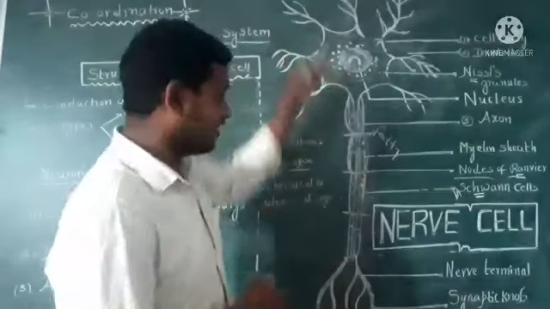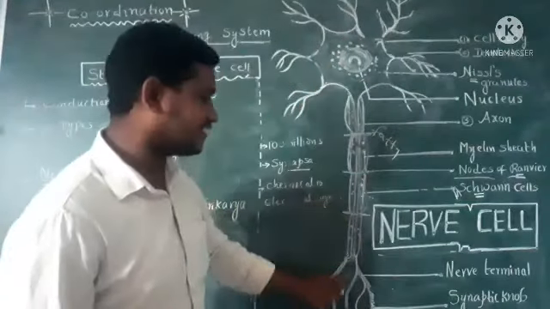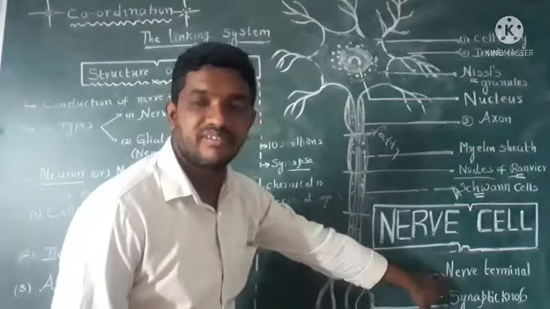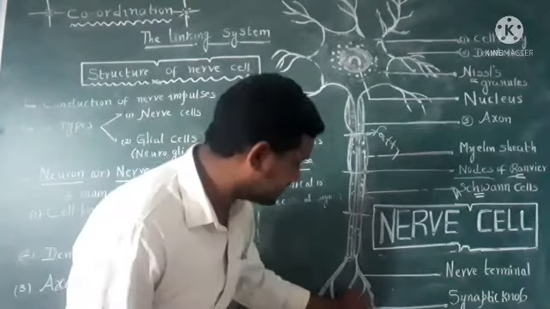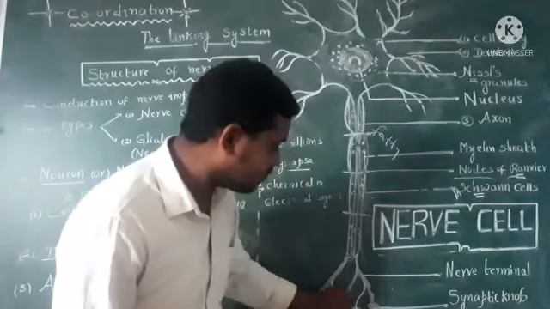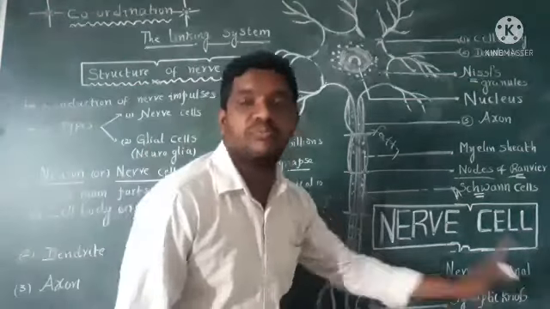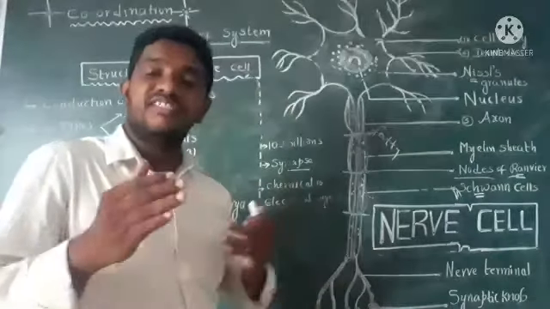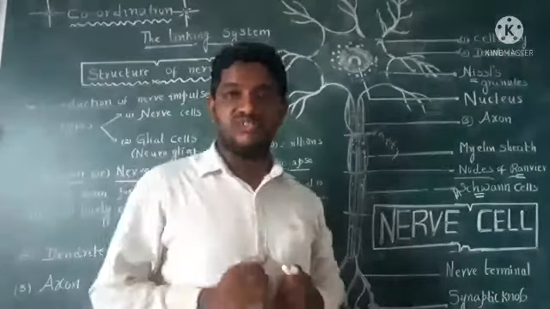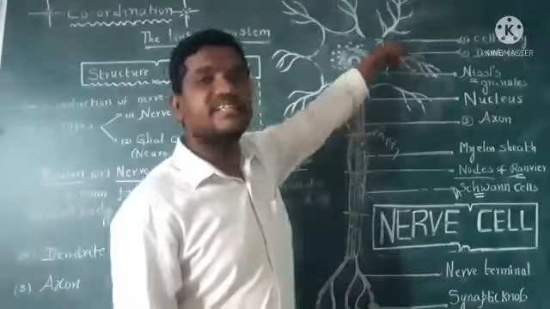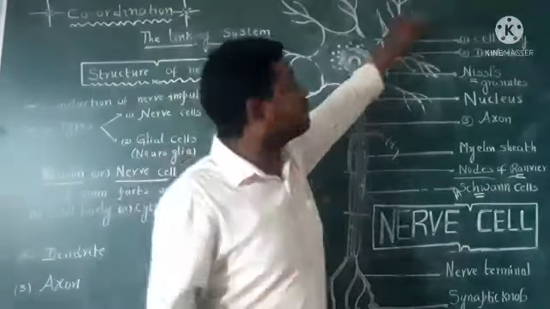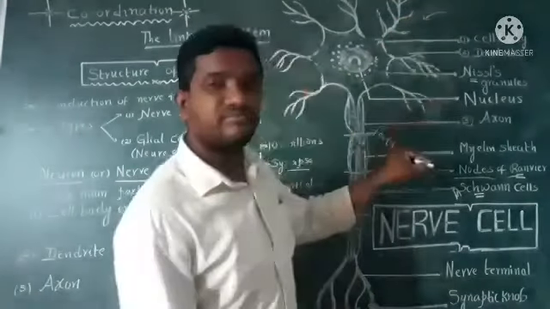Finally, at the end, the nerve cell has nerve terminals, a knob-like structure. This knob-like structure is called the synaptic knob. See how information passes from one neuron to another. Dendrites receive information from another neuron.